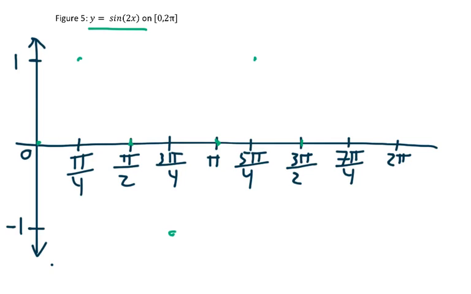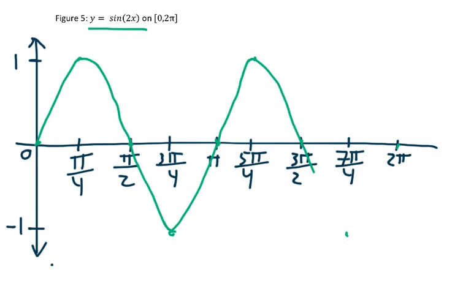Then at 7 pi over 4, we get negative 1. At 2 pi, we're back at 0. Okay? So again, the pattern repeats. So we have 1, 0, negative 1, 0. That's one cycle. So we're going to draw another cycle. Up to 1, 0, negative 1, back up. So we get 2 full cycles in this interval, which again is expected because the period is pi.